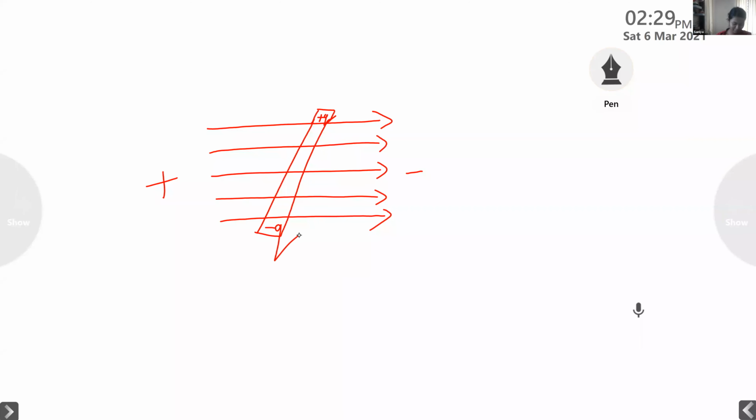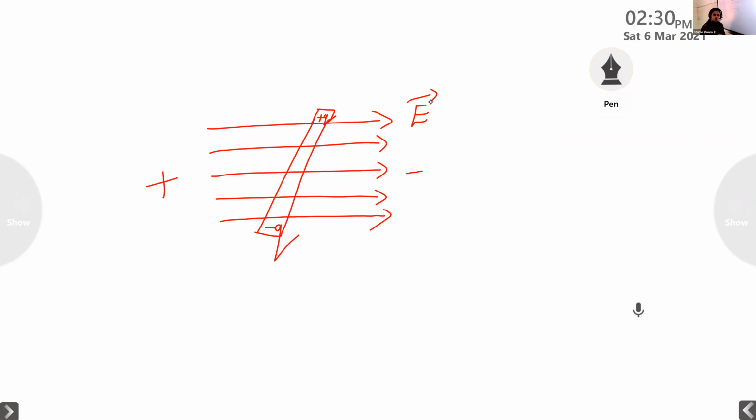Initially our electric dipole is sitting in a straight way, but due to the presence of this torque, it is slightly rotated to the right side. So what is torque? Torque is the rotation effect produced on the electric dipole due to the forces existing on the charges plus q and minus q.